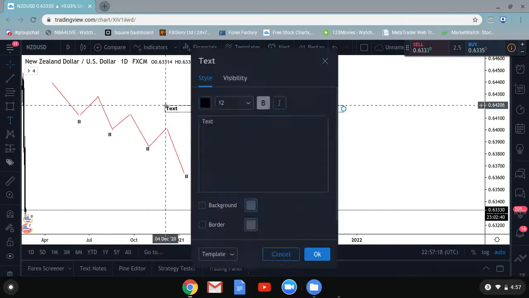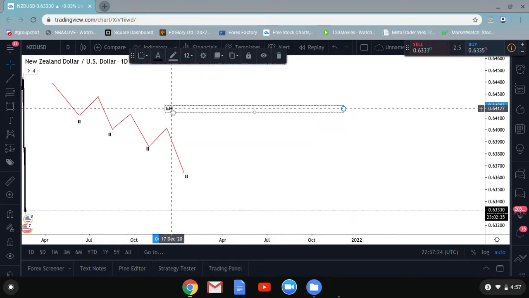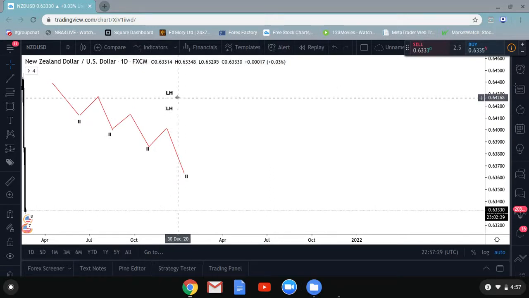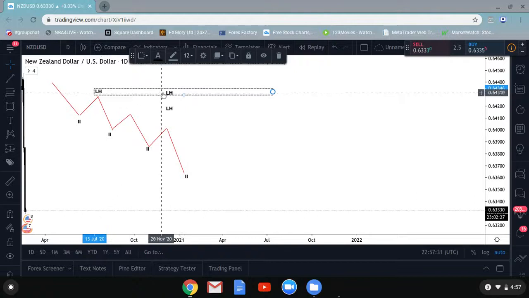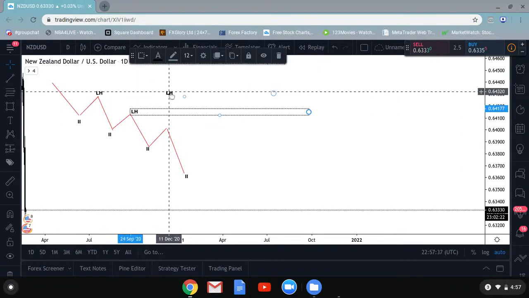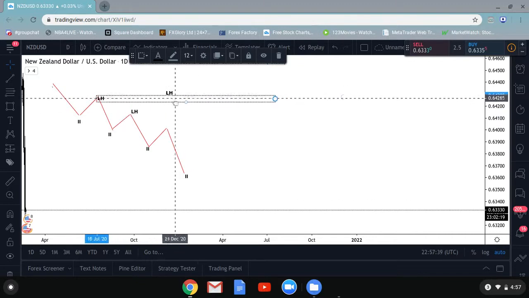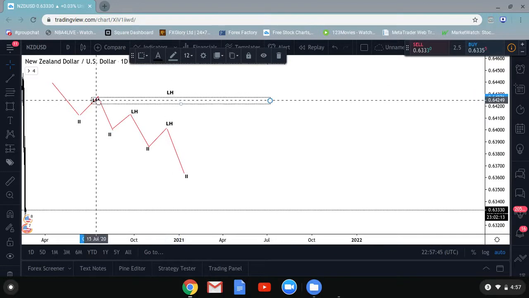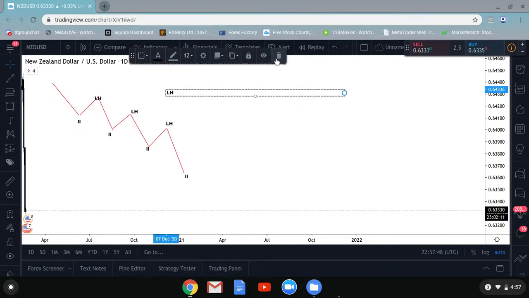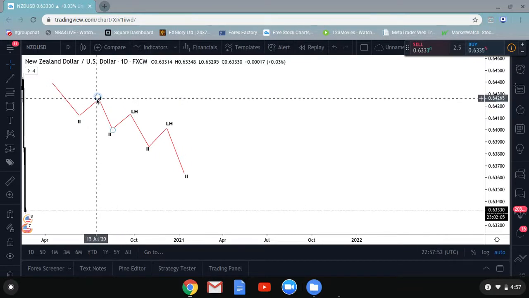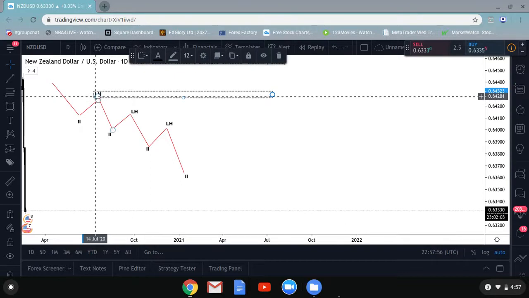You also have it making lower highs. So you have it making lower highs all the way down as well. And that is your bearish trend.